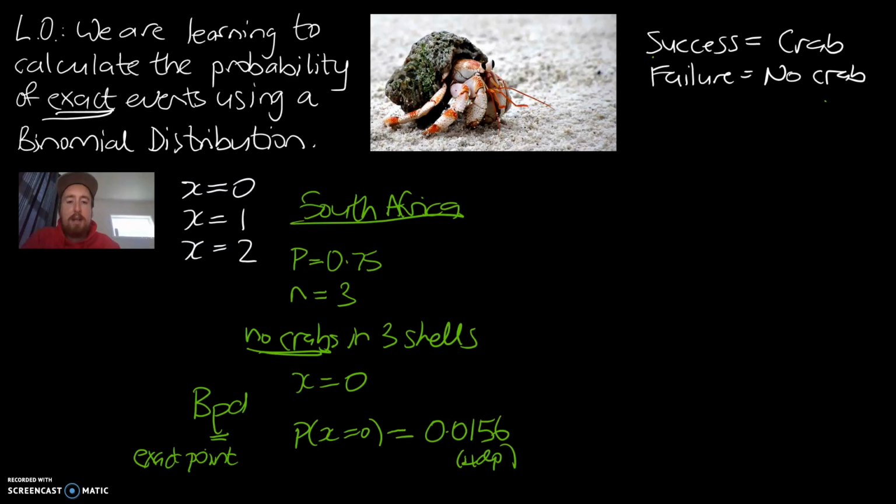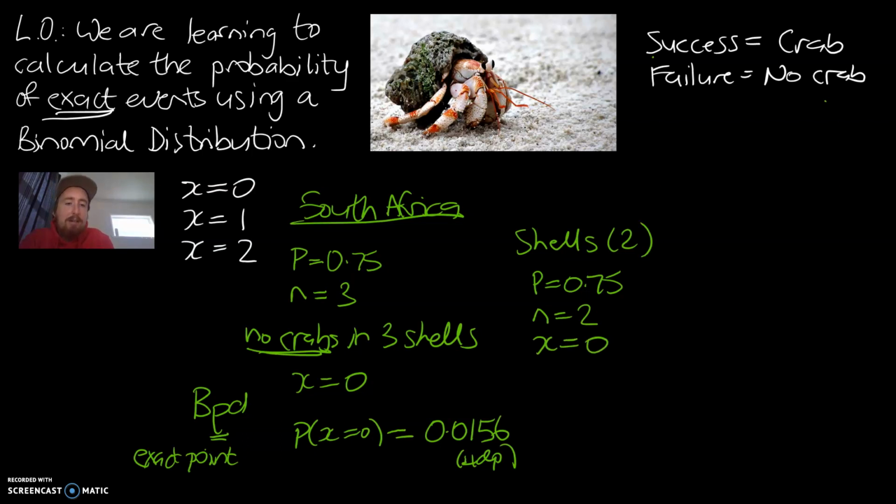So let's change up the scenario again. Instead of picking up 3 shells, what if I pick up 2 shells? How will that change the probability? So we've got to think of our variables. Is it going to change anything? The probability is still 0.75 because the probability of a given shell having a crab in hasn't changed. Our n value has changed. We've now only got 2 trials because we're only investigating 2 shells.